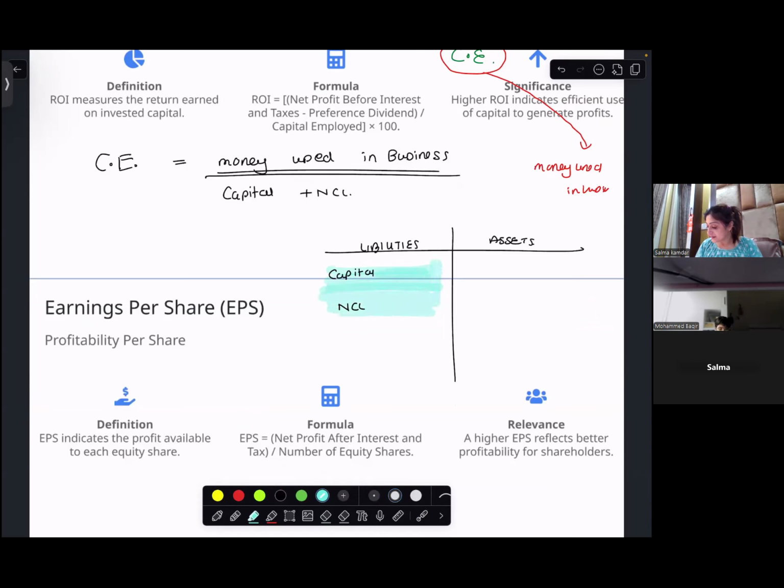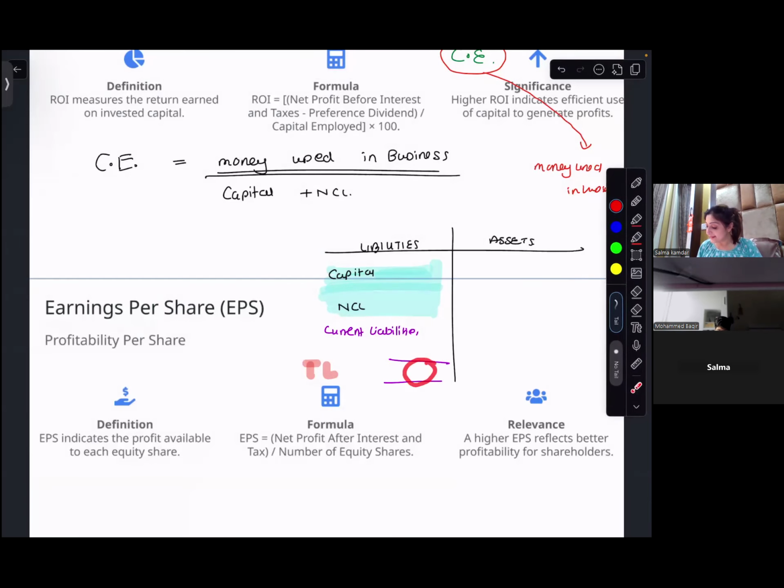If you have the total liabilities given to you, how would you arrive at capital employed? From your total liabilities, you will minus your current liability.